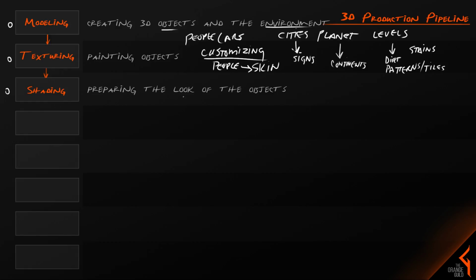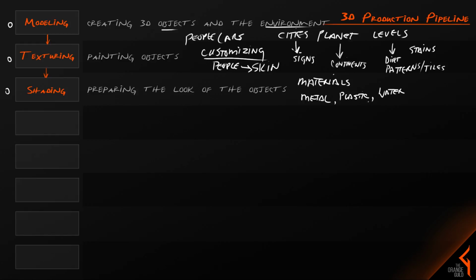Shading, we're thinking about preparing the look of the objects, and this is going to be based on materials. And so this is more generalized. If we're looking at shading, we're looking at things like how to make metal look like metal, how to make plastic look like plastic, and then we're going to look at anything you would think of. Water, how do we make water look like water? It's got a lot of different characteristics. It's transparent compared to these solid objects, and all sorts of stuff like that.